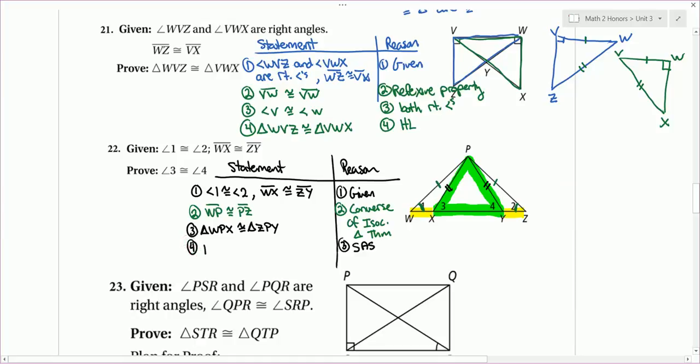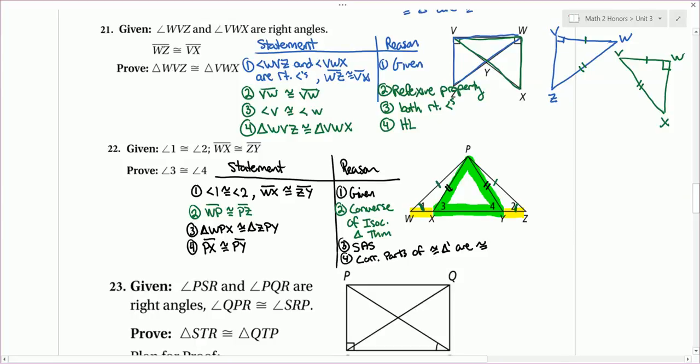So segment PX is congruent to segment PY, because, using statement 3, we have those two smaller triangles congruent to each other, and so statement 4, we have that corresponding parts of congruent triangles are congruent.